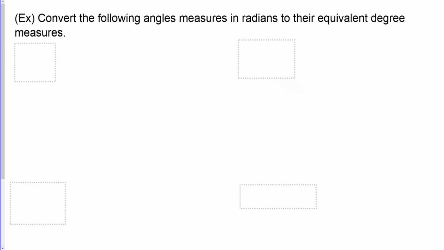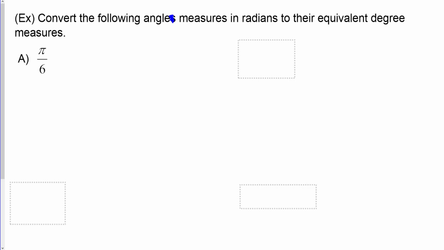Next up, convert the following angle measures. How about angle measures in radians to their equivalent degree measures. So I have pi over 6. So this is in radians to begin with. Now, what's nice when we are working with these exact angle measures that have the pi in them, it's not going to be customary to have pi in a measure for degrees.